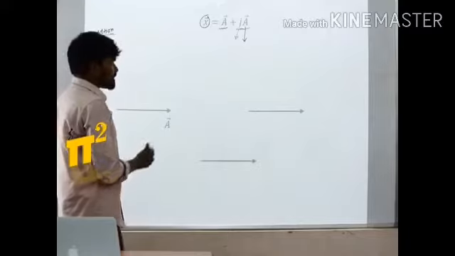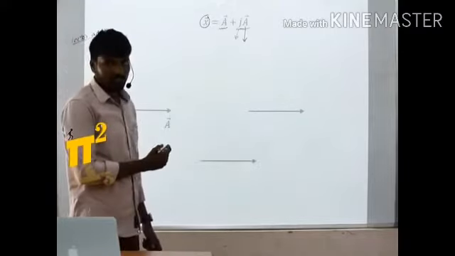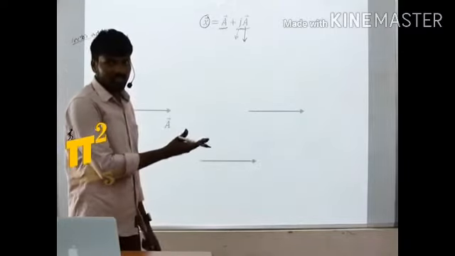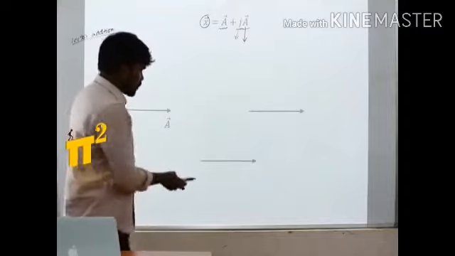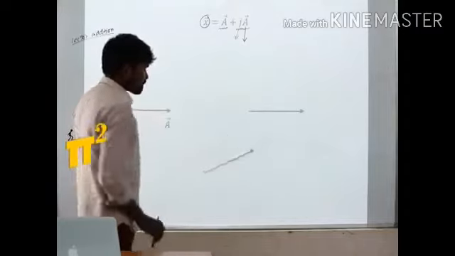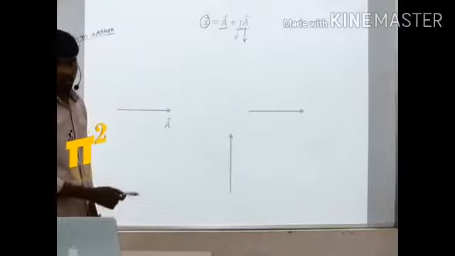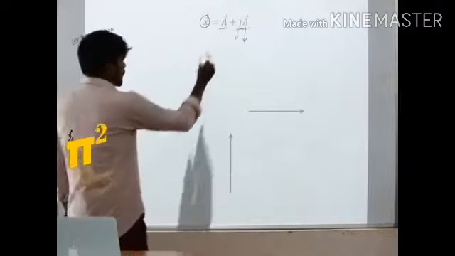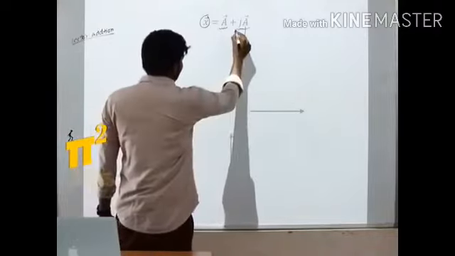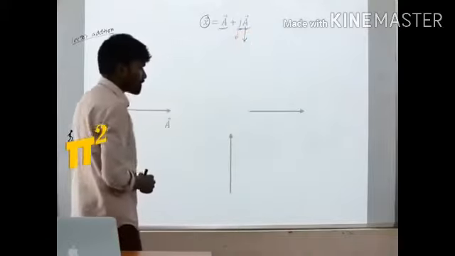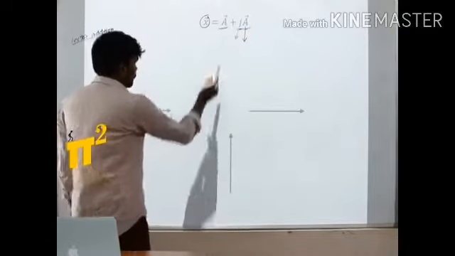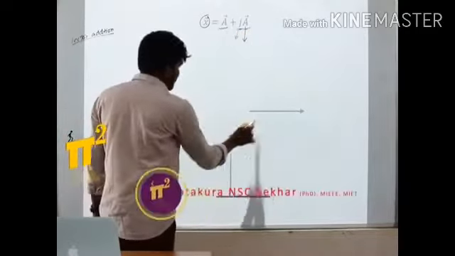Multiplying with j means what? Just now I said it is a plus j, means 90 degrees counterclockwise direction. So let's rotate this 90 degrees counterclockwise. So this is completely, we got ja. Now we need to add this and this.